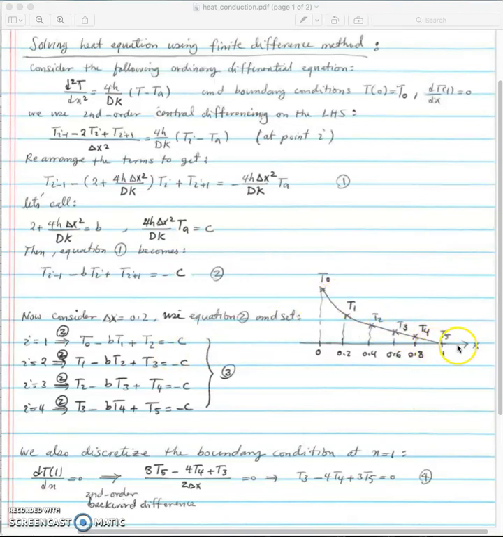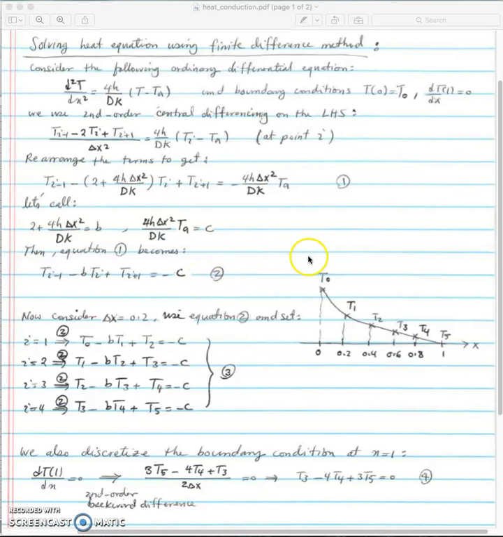So imagine we discretize our x-axis into 5 intervals of 0.2. The first point we call T0, which is given by the boundary condition. All other ones are T1 all the way to T5. So now by substituting i equal 1 to 4, we generate 4 equations through equation 2.